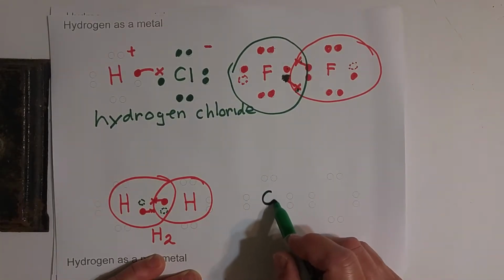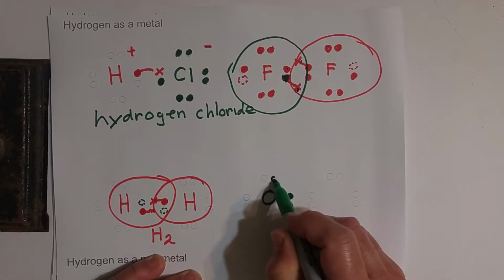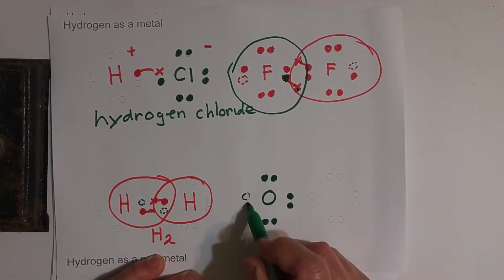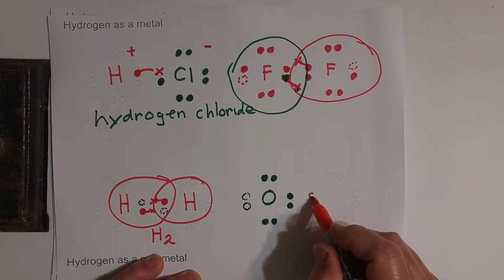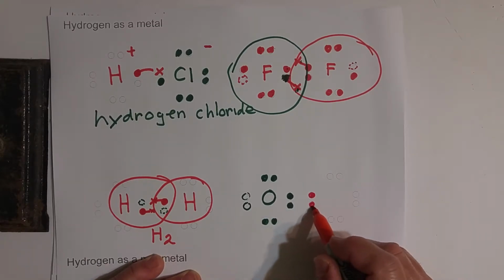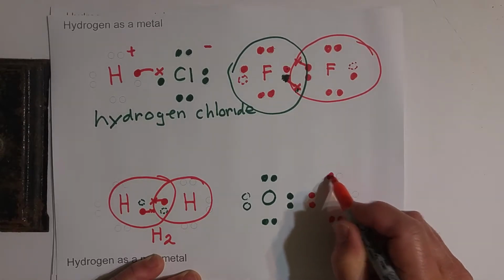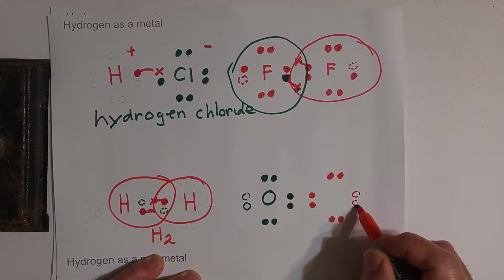What happens when an atom that wants more than 1 shows up? So let's say we look at oxygen. Oxygen is missing 2. And a sister oxygen shows up. And this one is also missing 2. If you want 2, you share 2. That's the rule.